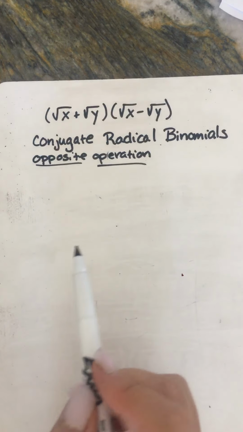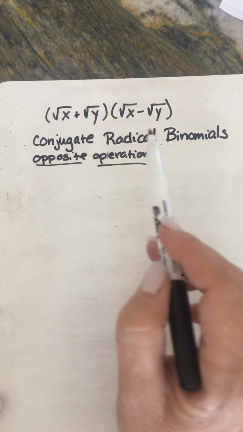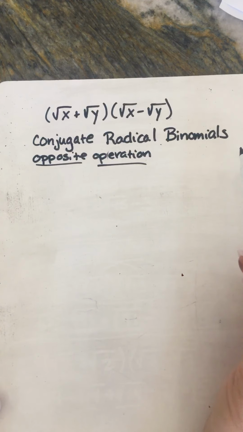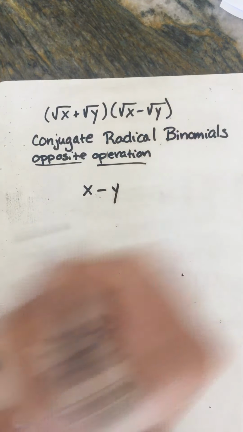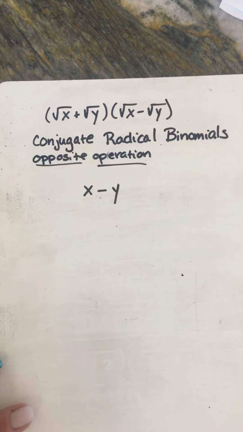Okay, so when you are multiplying conjugate radical binomials, it turns out super duper nice. It means that we're going to get x minus y in the end.